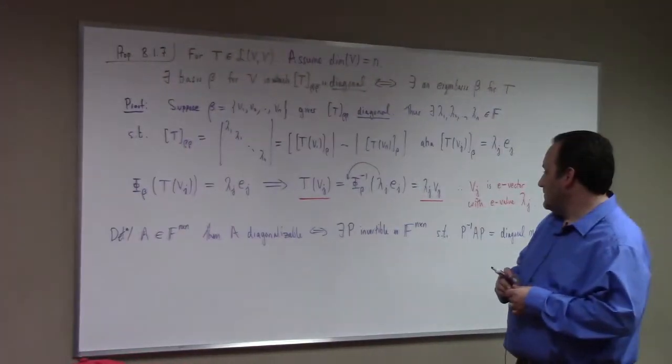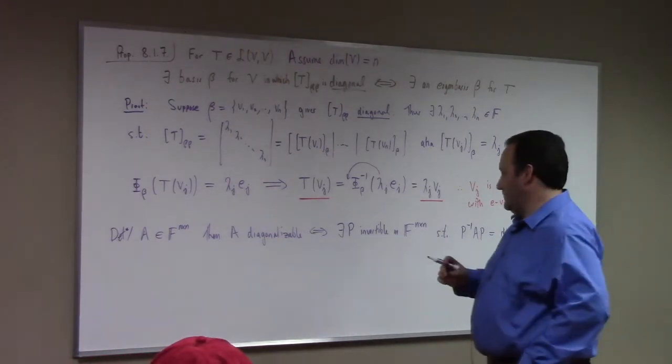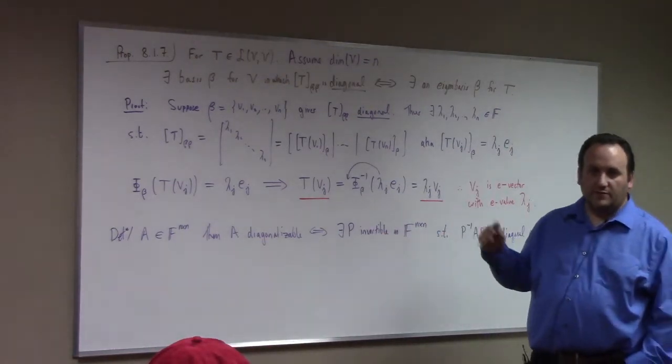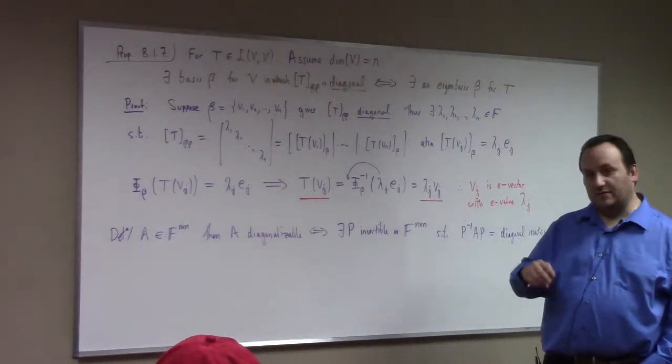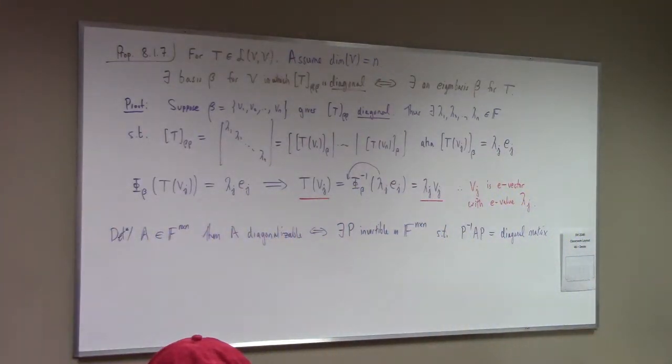So let's see here. Given that, looking back at the definition of A being diagonalizable, how would you actually diagonalize a given matrix, or at least try to? What would be the procedure for diagonalizing a matrix? How do you find that P?